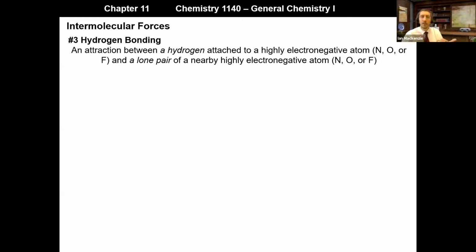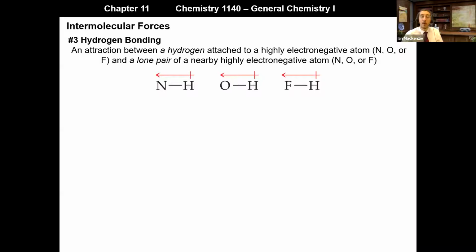Now, why nitrogen, oxygen, and fluorine? Well, if we look at the bonds, the N-H bond, the O-H bond, and the F-H bond, because nitrogen, oxygen, and fluorine are so electronegative, there is a large bond dipole that points towards the electronegative atom.